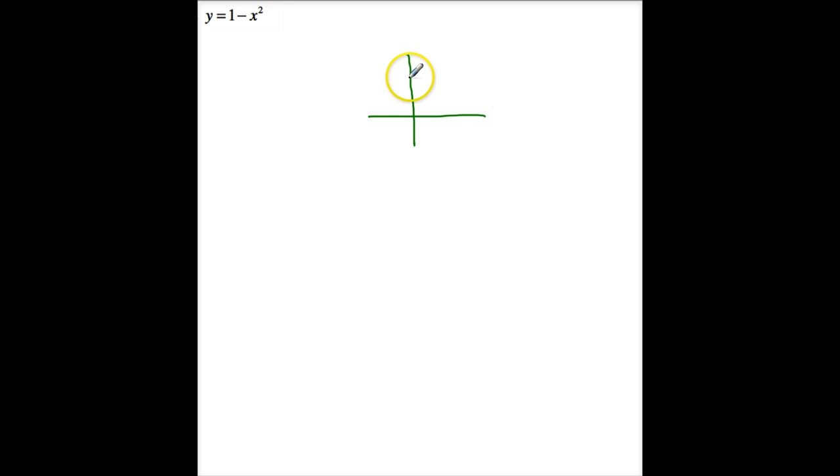Now, the range is the set of allowable y values, and this one can be a bit of a challenge. Let's look at this function right here. Y equals 1 minus x squared. Now, you know this is a downward pointing parabola. All right, if I were to sketch this very quickly, when x is 0, y is 1. And then this is going to continue and go down, and this is going to be symmetrical.